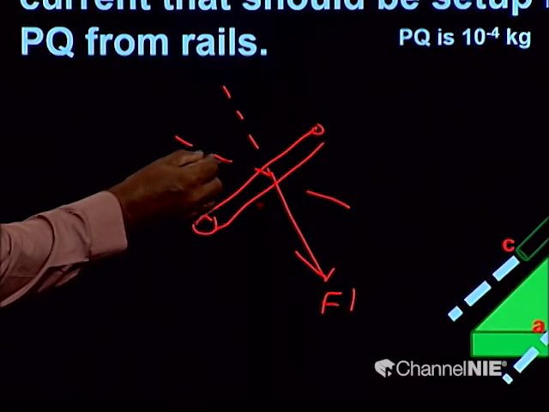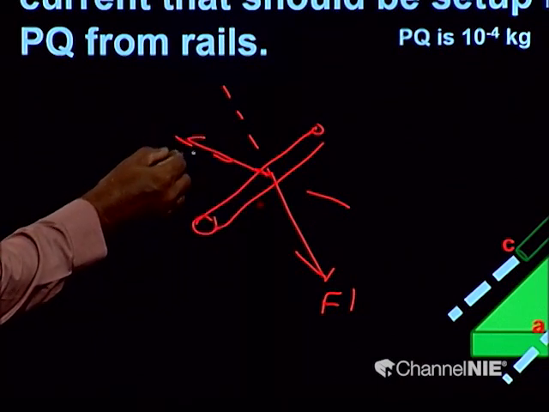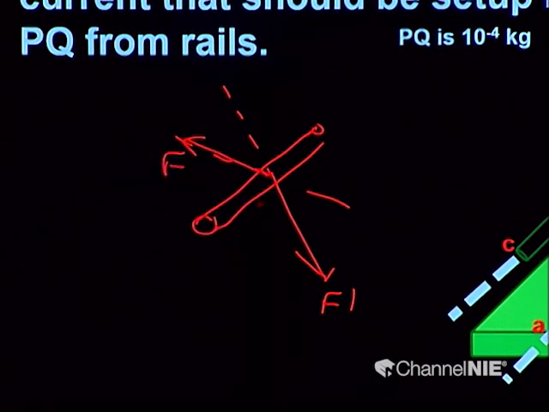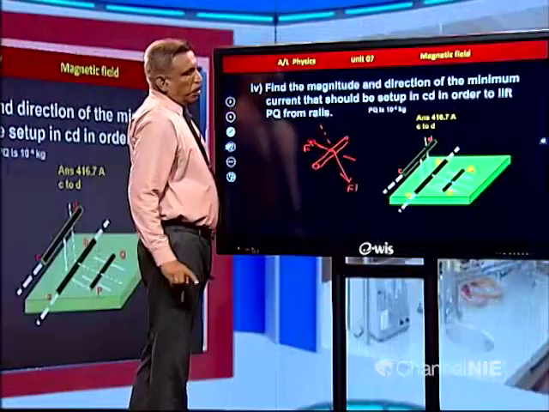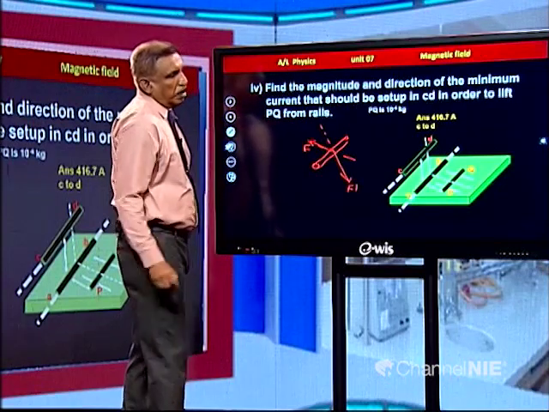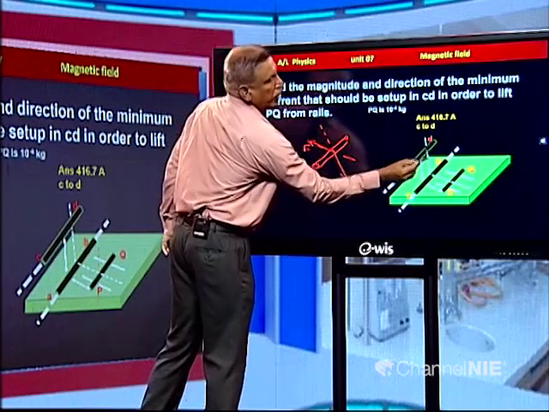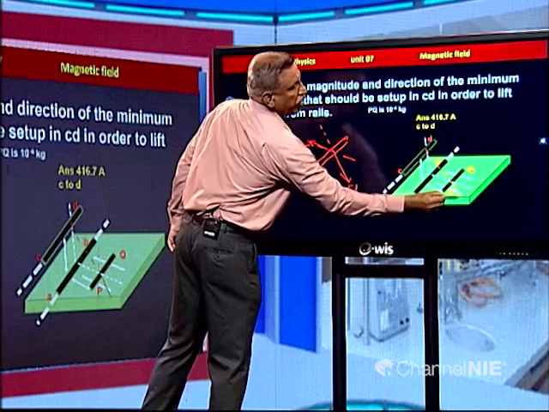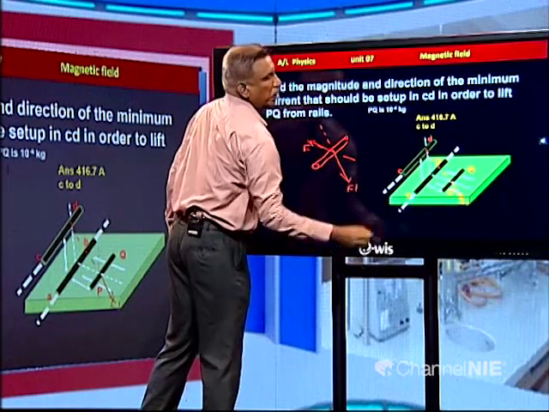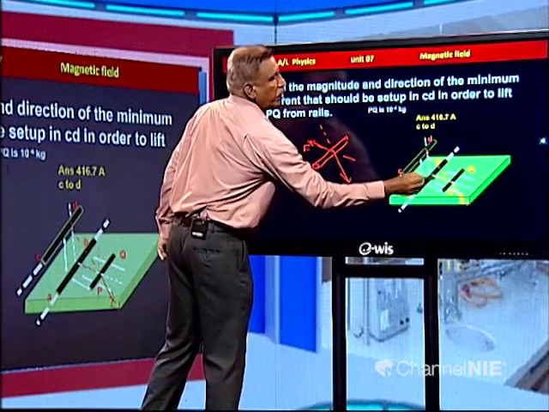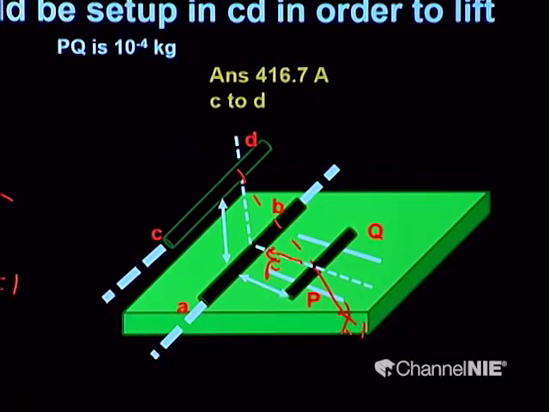The other force is acting here horizontally. That force is F due to AB and F dash due to CD. This one is F dash, this one is F.